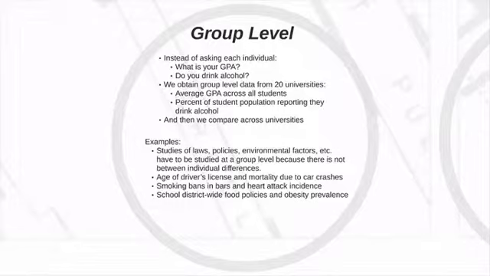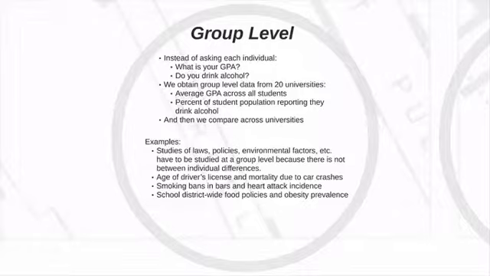So let's go through some examples of ecologic studies. As I was saying, these are studies of laws, policies, and environmental factors that need to be studied on a group level. An example: does the age of getting a driver's license change the mortality due to car crashes? The age of getting a driver's license is consistent across all people in a state, so you couldn't do a survey that asked, what age did you get your driver's license?